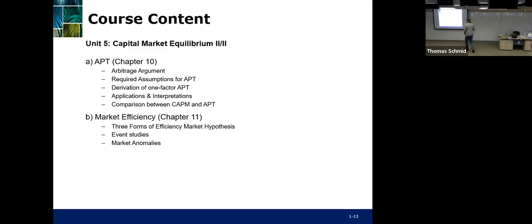And this one will be an especially interesting chapter because it's closely related to your term project, because what you actually try to do if you write analyst reports is that you try to beat the market, right? You try to find undervalued stocks. If markets have a very high level of efficiency and if all information is already priced, it's actually not possible to beat the market.